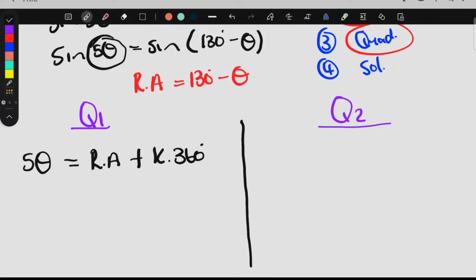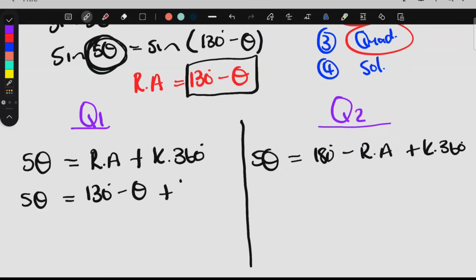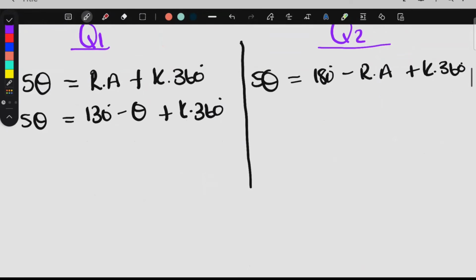In quadrant 2, I still start with this angle. So I say 5 theta, whatever is there, is equal to 180 minus the reference angle plus k 360. And now I just replace the word reference angle with the actual reference angle. This is my reference angle. So here I'm going to have the 130 minus theta plus k 360. And I'm going to finish the side quickly. So the theta will come over. So it's a plus theta.